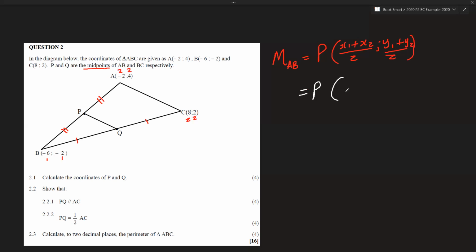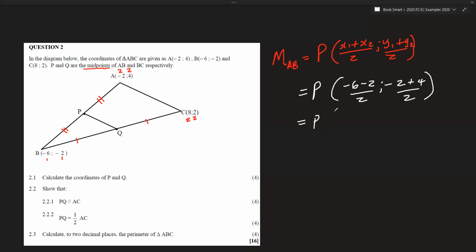So x1 is -6, x2 is -2, over 2. y1 is -2, y2 is +4, over 2. And then we simplify. Remember, we're working with A and B. You can see my x1, my y1, x2, y2. You just substitute there.